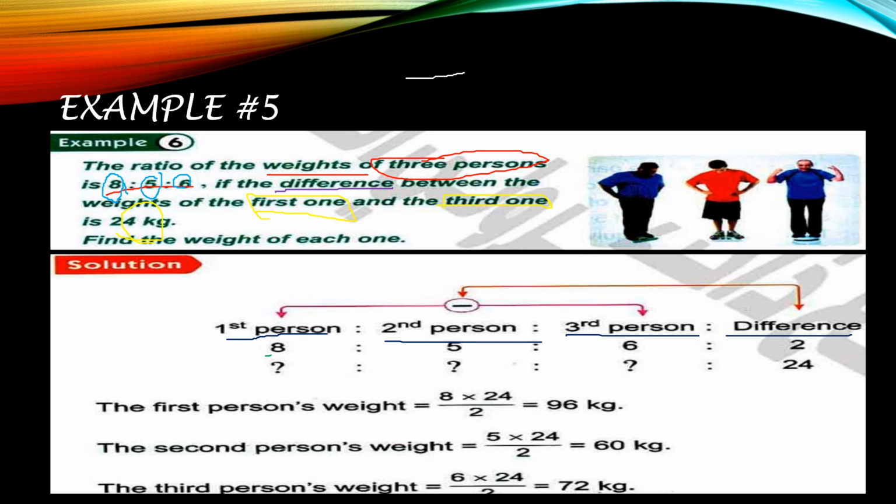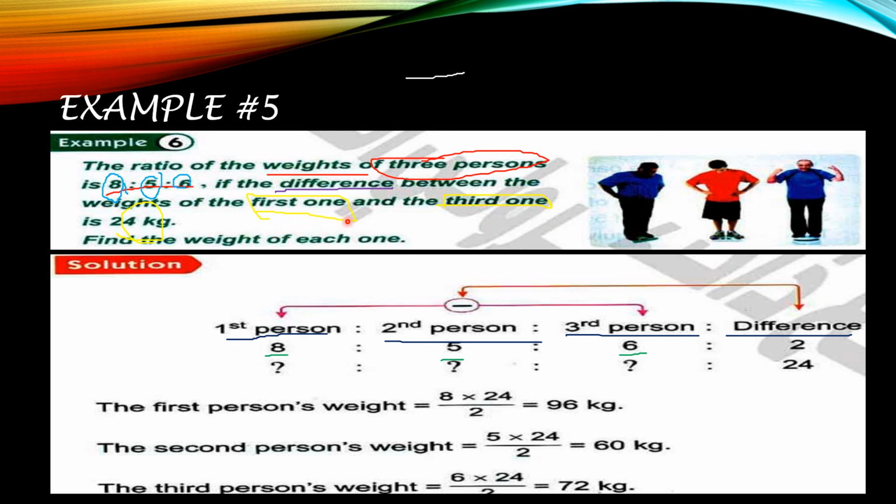The first person has 8 parts, the second person has 5, the third person has 6, and the difference is what? Here we are going to define the difference, not between the 3. He told us that the difference between the first one to the third one is 24.